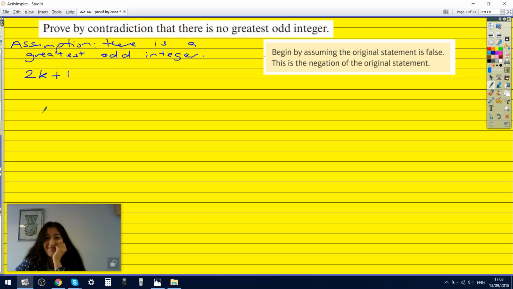And what could you do next? Assumption: greatest odd integer. So let 2k plus 1 be the largest odd integer.